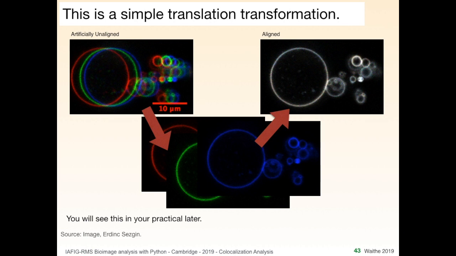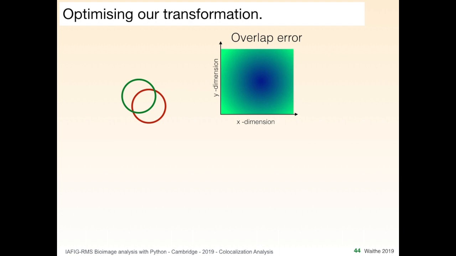So I've got another keynote animation. So imagine these are our two channels, a red ring and a green ring. And what we want to do is measure the overlap error as we move one relative to the other. So we're moving through each of these positions and we measure the overlap error in each of these positions.